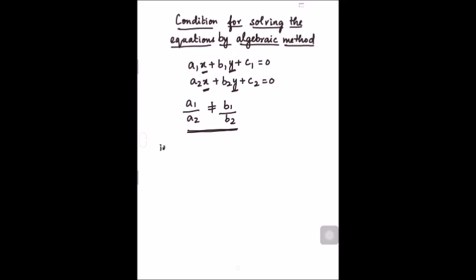That is, the ratio of coefficients of x should not be equal to the ratio of coefficients of y. With this condition, you are going to learn how to solve the pair of linear equations in two variables by the substitution method.